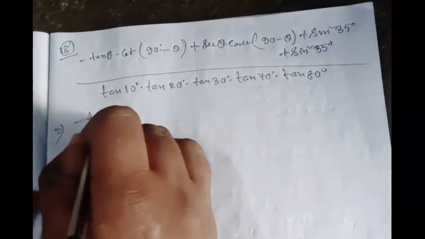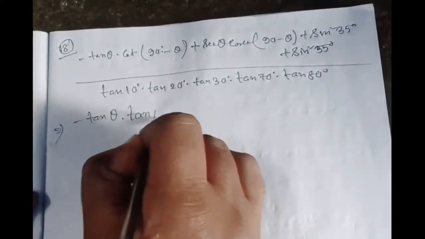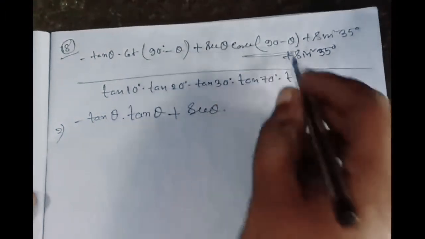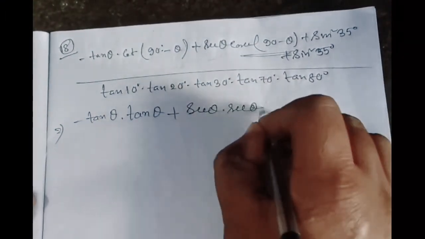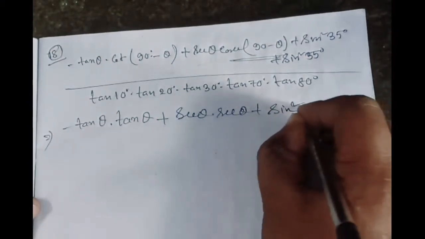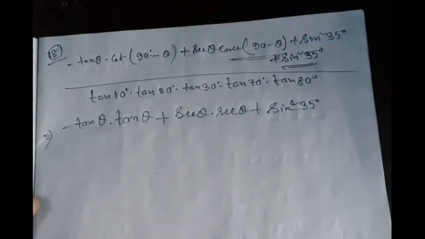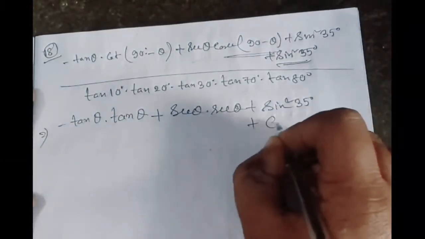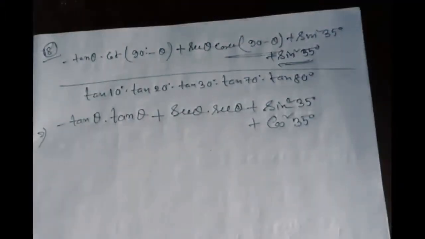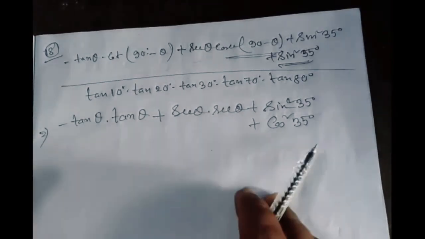So here this is minus tan theta, cot 90 minus theta means tan theta, plus this is sec theta, cosec 90 minus theta means again sec theta, plus this is sin square 35 degree, sin square 55 degree, that can be written as cos square 35 degree, because sin 55 degree can be written as cos 35 degree.